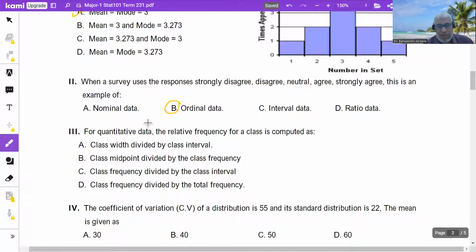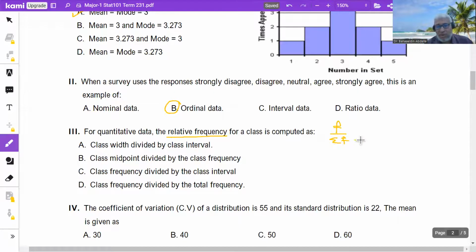For quantitative data, you know there is quantitative and there is also qualitative. Qualitative, no numbers; quantitative, numbers. The relative frequency for a class. So there are numbers, so we can find what we call relative frequency. What is the definition of the relative frequency? We divide each frequency by the total number in the set, N, or the summation of all the frequencies.